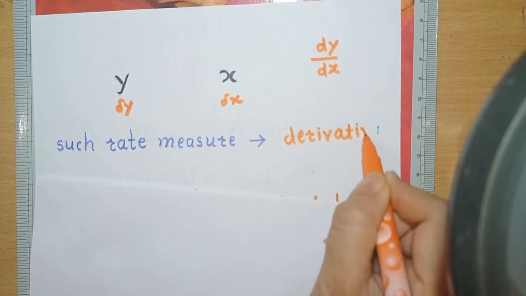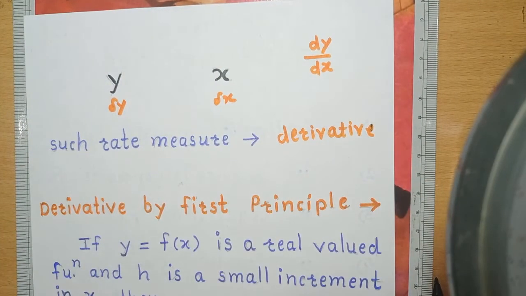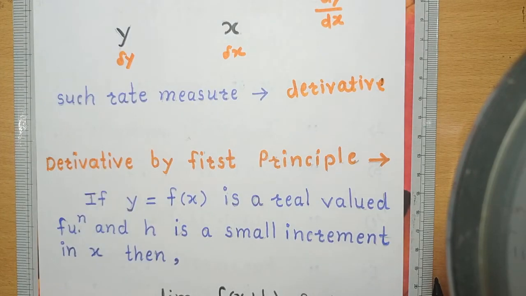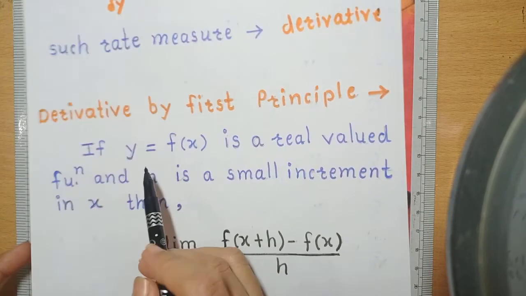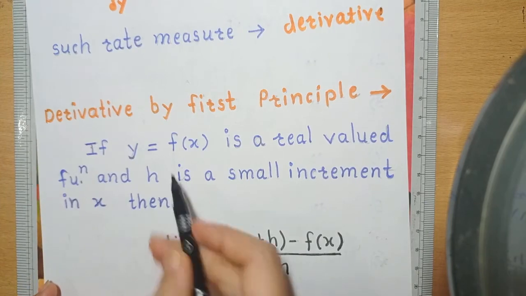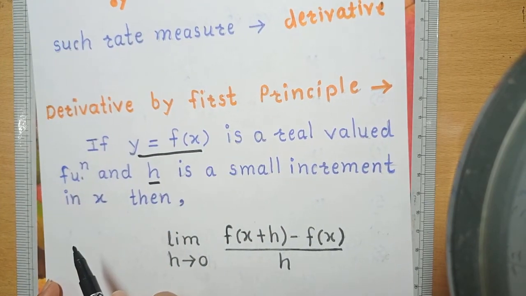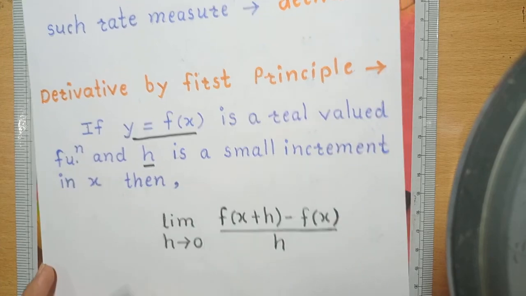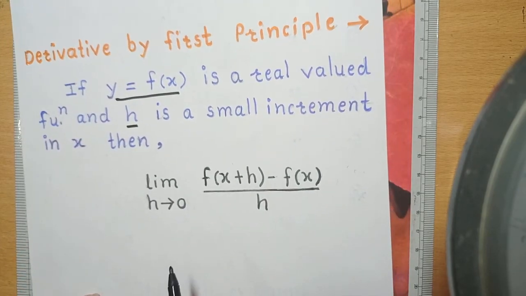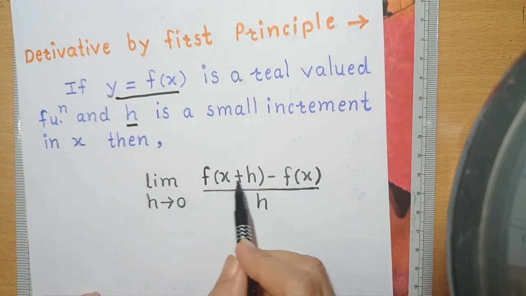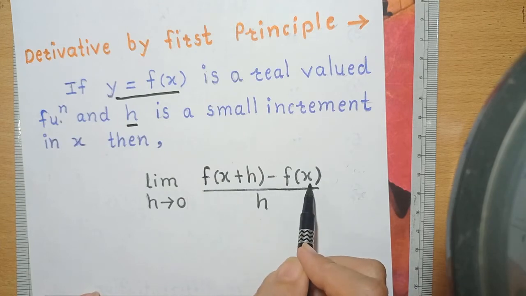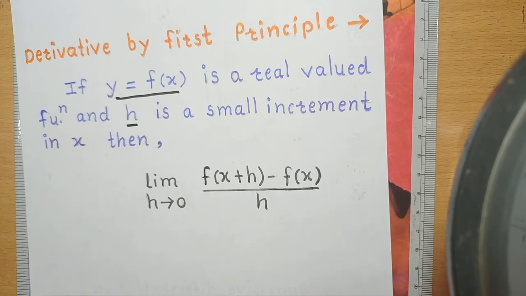Now we will see what is derivative by first principle. If y is equal to f of x is a real valued function and let h be a small increment in x, then consider this limit: limit of f of x plus h minus f of x upon h as h tends to 0.